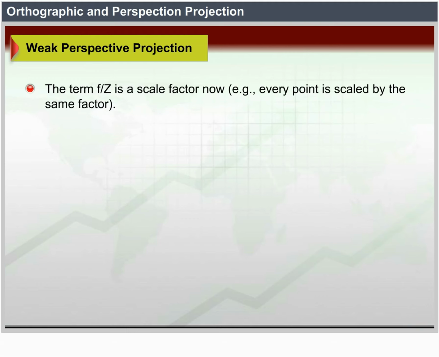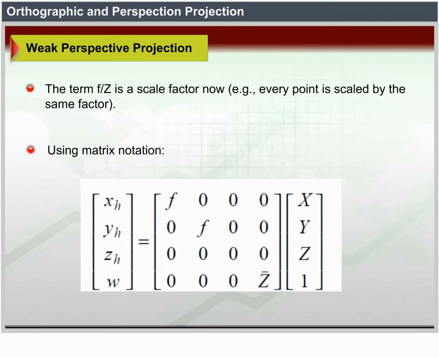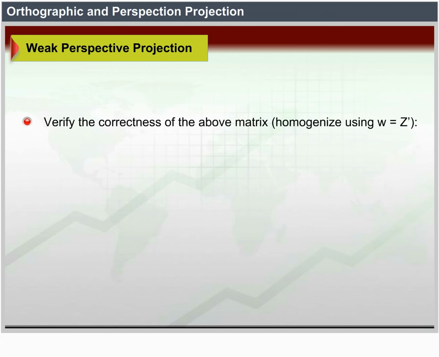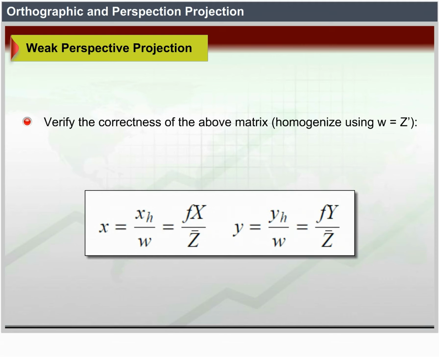Using matrix notation, (xh, yh, zh, w) equals the matrix [f 0 0 0; 0 f 0 0; 0 0 0 0; 0 0 0 z-bar] times (X, Y, Z, 1). Verify the correctness of the above matrix. Homogenize using w equals z-bar. x equals xh by w equals fX by z-bar. y equals yh by w equals fY by z-bar.